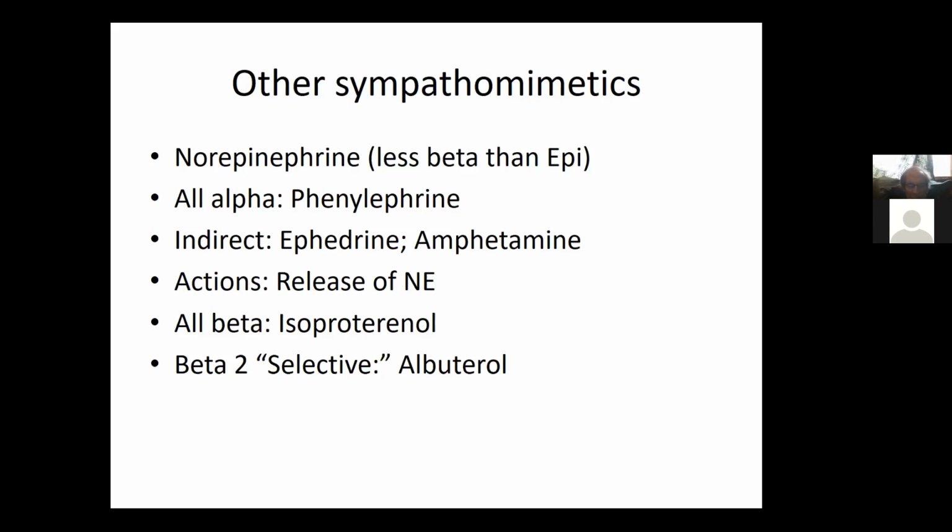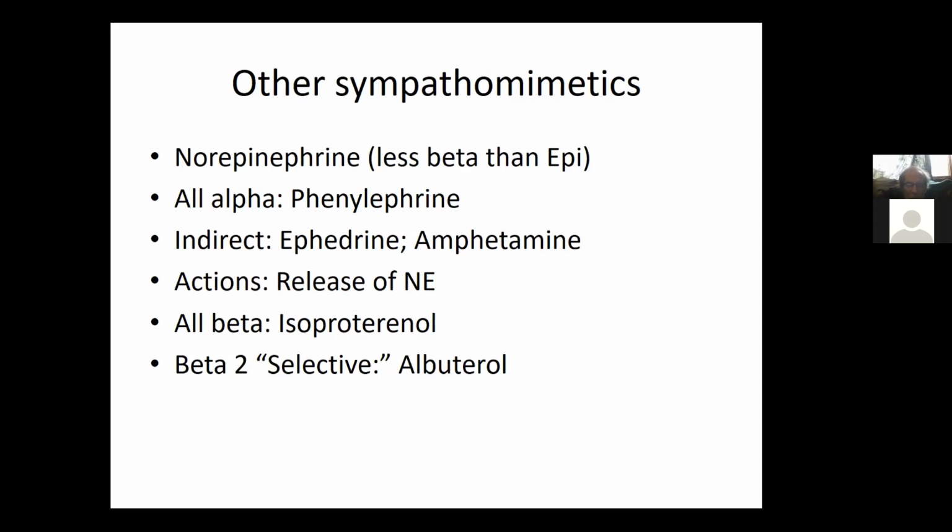And where you would like to have some selectivity there, and you do have some, although not complete selectivity, is that an individual that is seeking the bronchodilatory action may also be sensitive to heart-related beta effects, and you don't want to do that overstimulation.